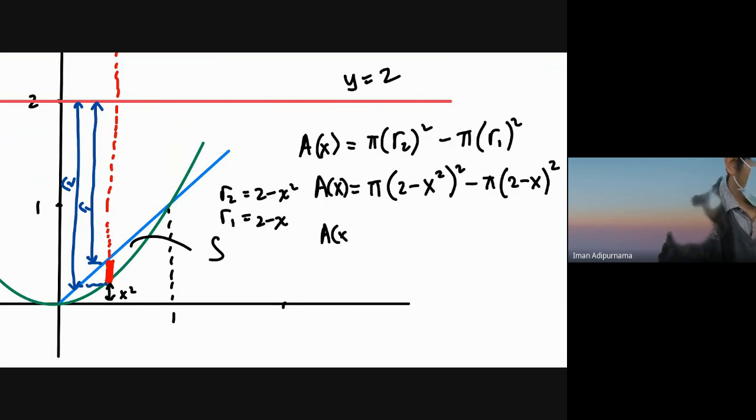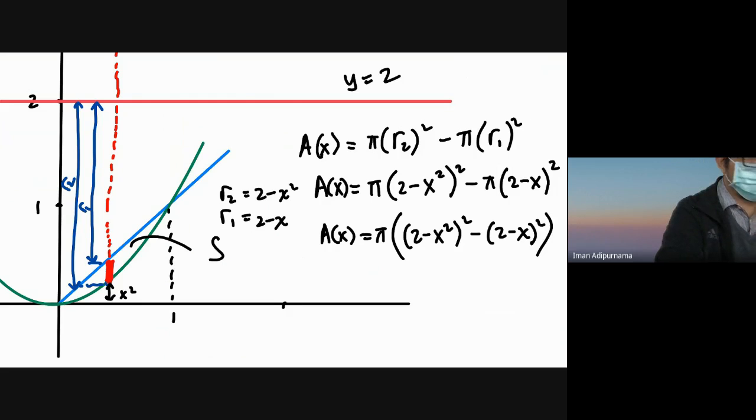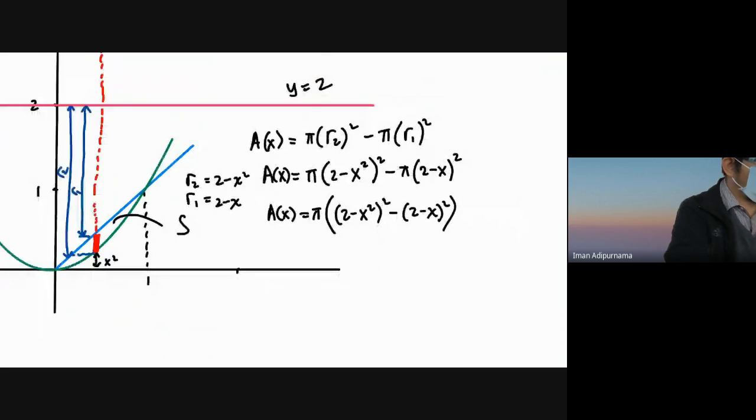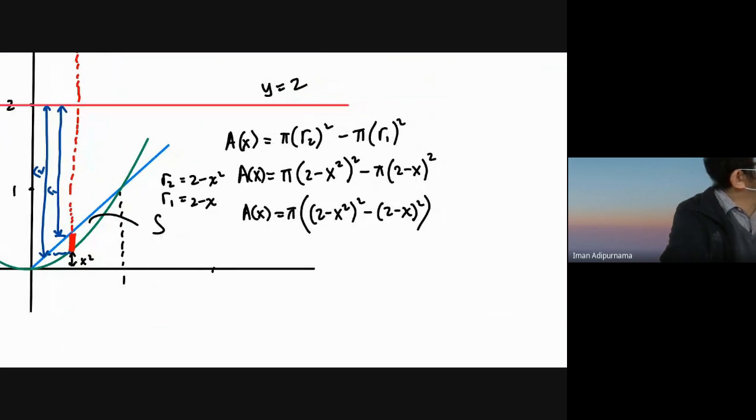Or we can rewrite this, expand this into the expansion form. We square this: 4 minus 4x squared plus x to the power of 4.